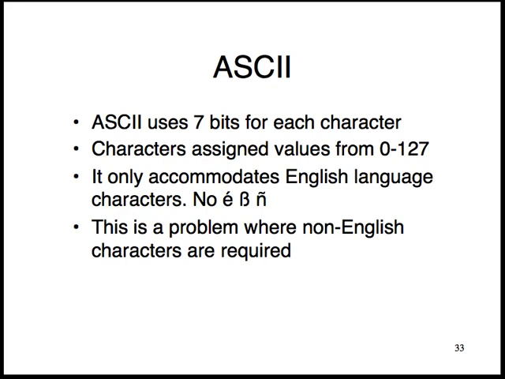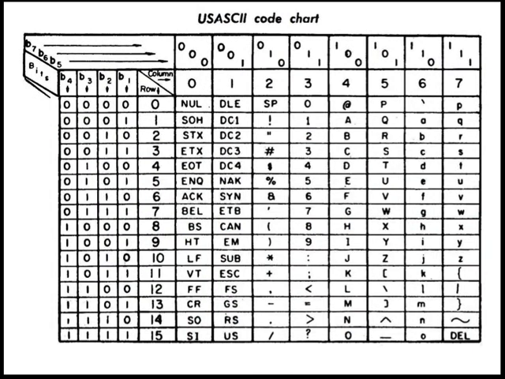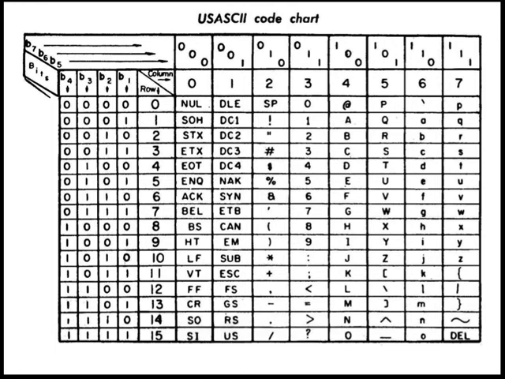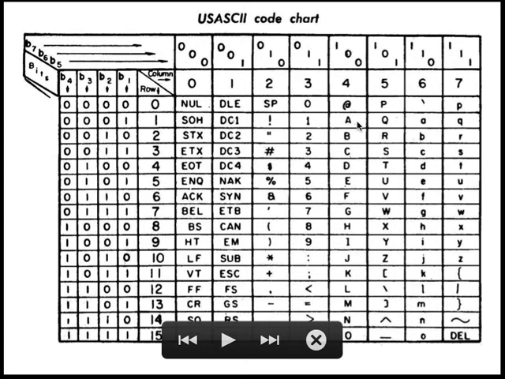If we just have a look here at an ASCII table, this looks like quite an old one. These are the most significant bits here. So uppercase A is this slot here, and the bit sequence for that is 1 0 0 0 0 0 1.